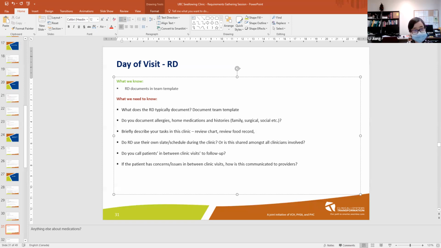Or on the day of the appointment, if they bring anything in, then I'll review that with them. And based on the results of the swallow study, if there are any education or recommendations, then we'll provide a consultation afterwards. Okay.